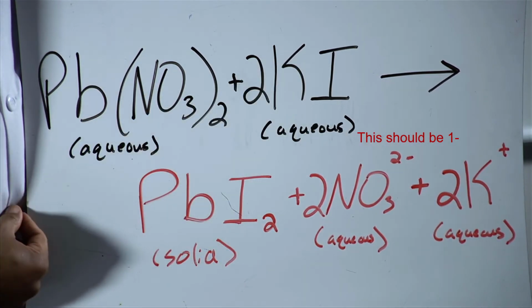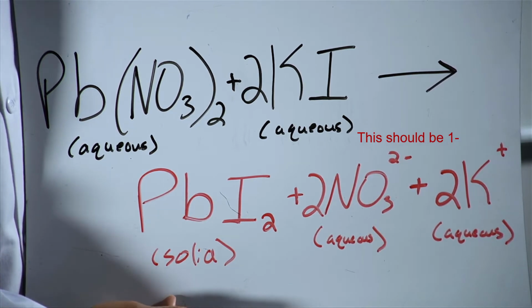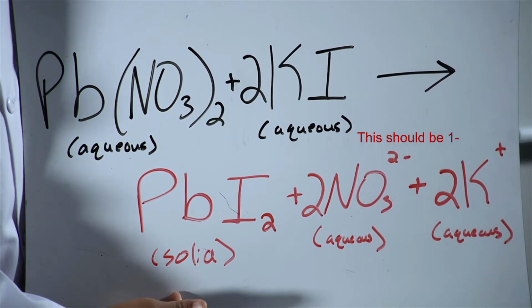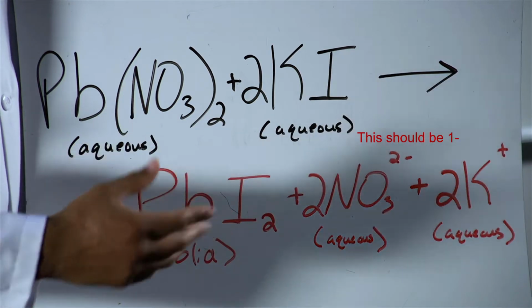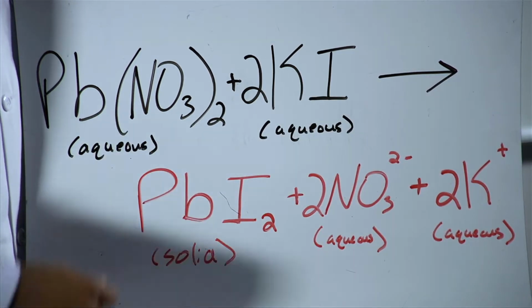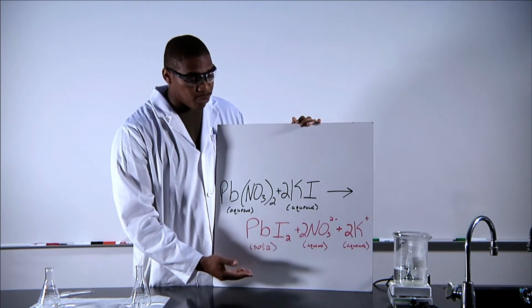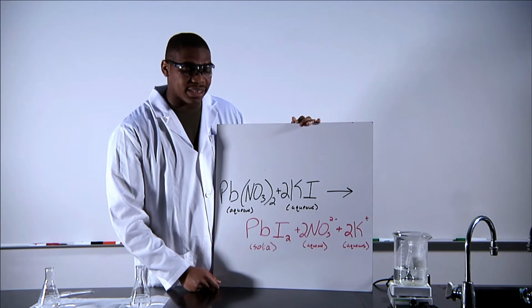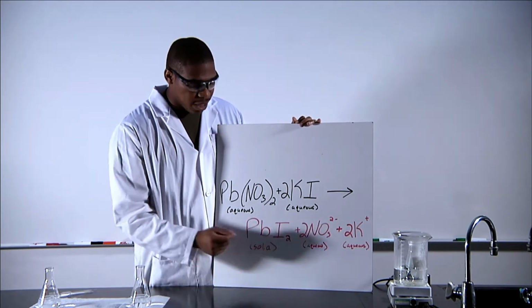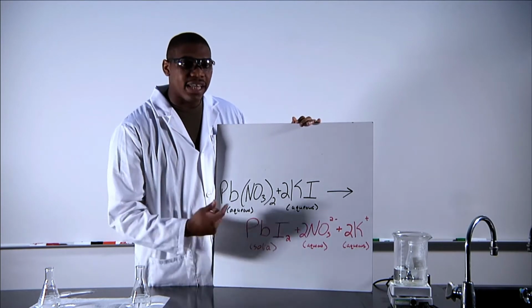And when we mix those two solutions together, we should expect to form a solid precipitate, lead iodide, plus two ions, one negative and one positive, floating in solution in the water as we mix it and form our products. Once we develop those products, we can then play around with that solution, actually heat it up to redissolve the lead iodide in the solution.